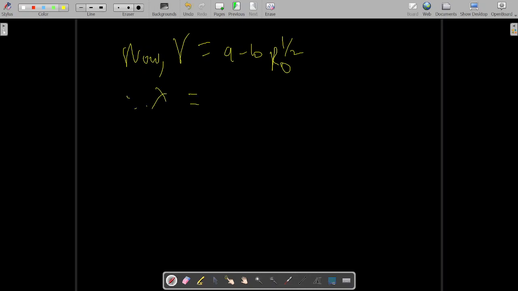Therefore lambda is equal to lambda naught e to the power, in the place of gamma you substitute this thing. This is suppose your equation number 2.